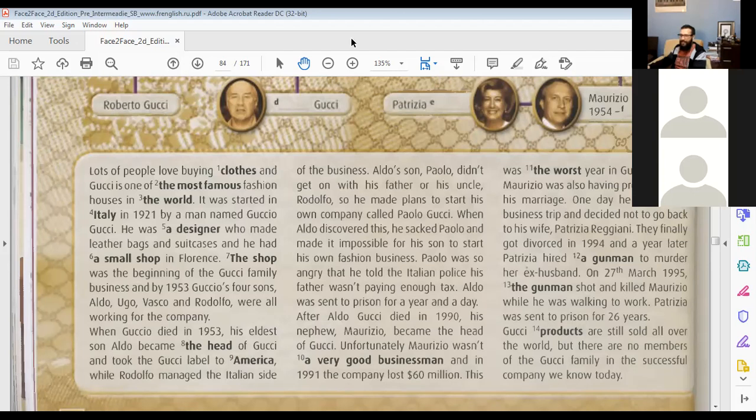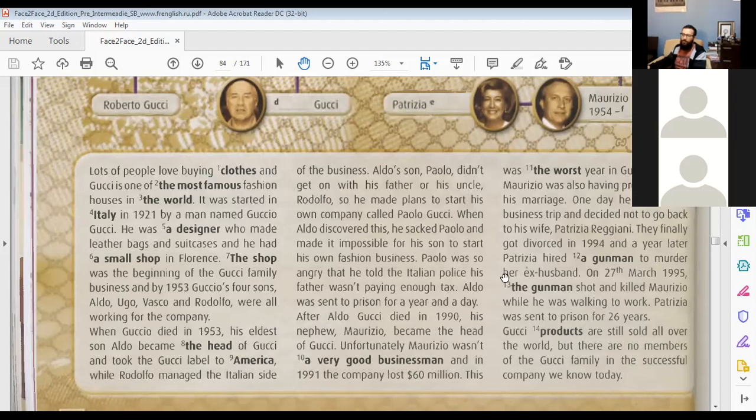Any guesses? What do you think, Samiha? I think for money, maybe. If he dies, then she can get the money. But they were divorced, so I don't think it's going to make a difference, right?